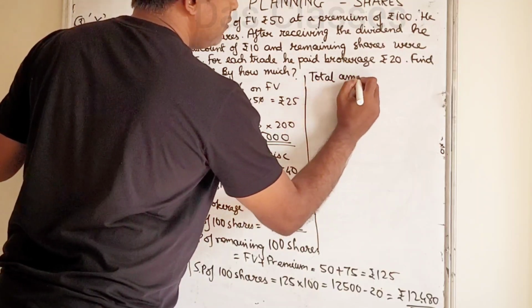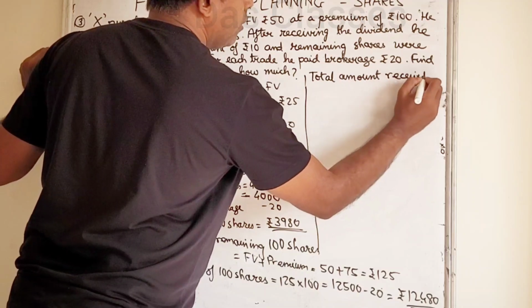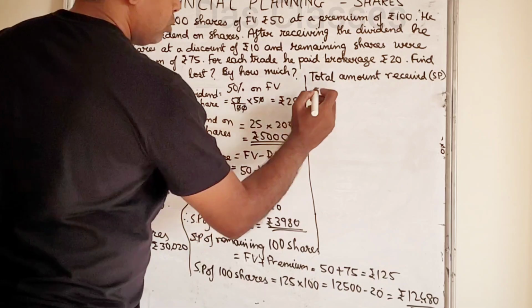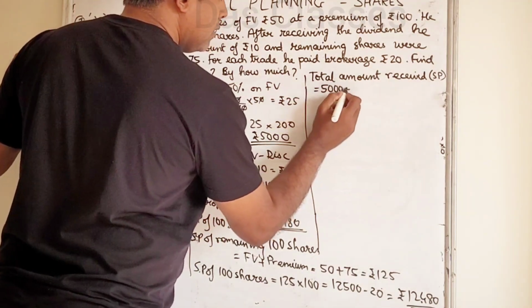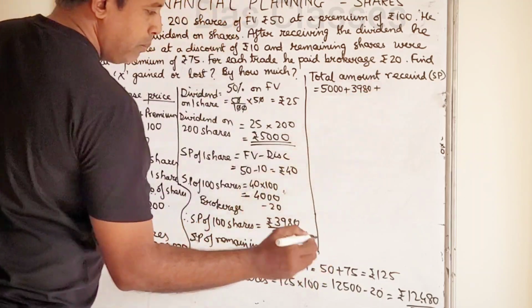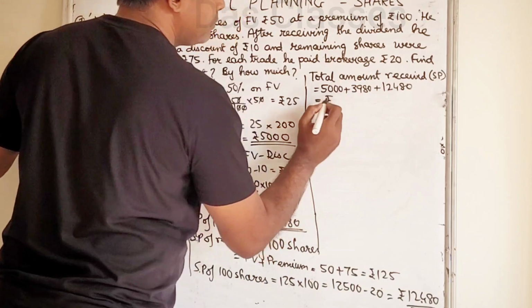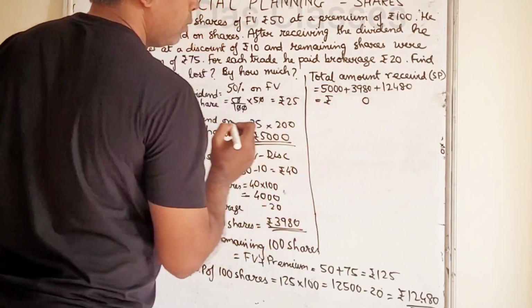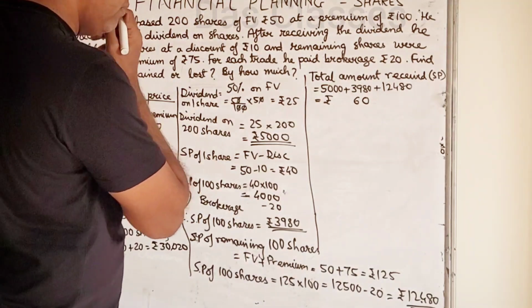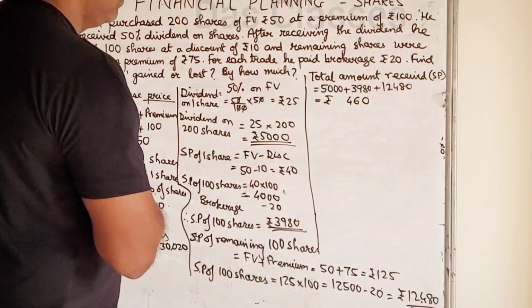Total amount received, or we can say the total selling price, is going to be equal to 5,000 plus 3,980 plus 12,480. So that comes to, just add.